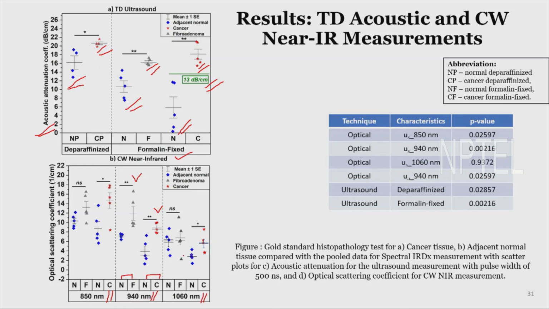In the case of 850 nanometers, there is good delineation between normal and cancer, but not so much at 1060 nanometers, where there is only slight significance between normal and cancer.